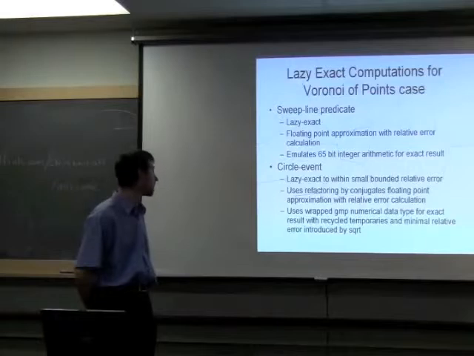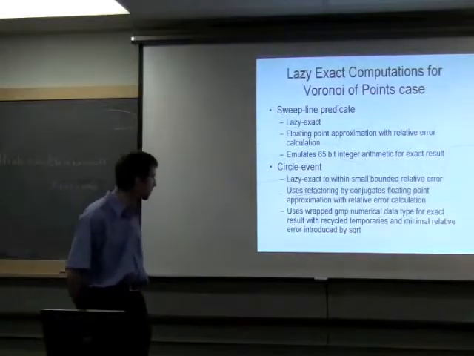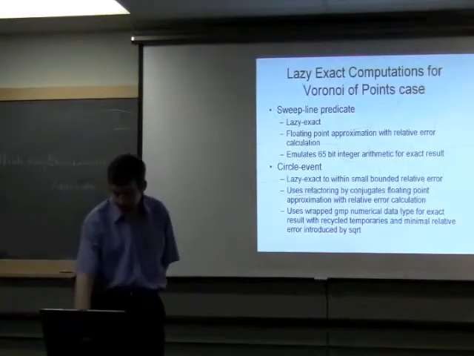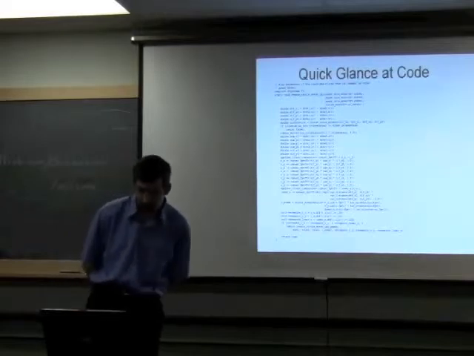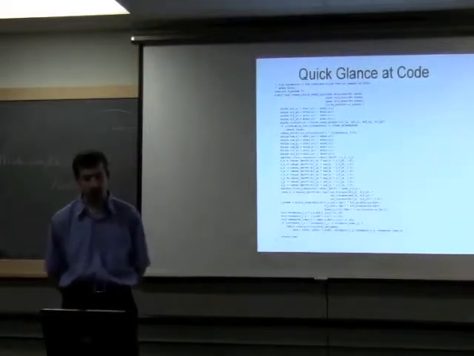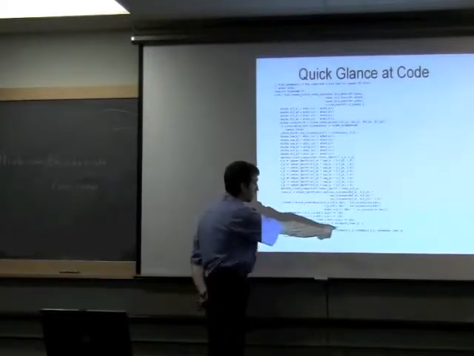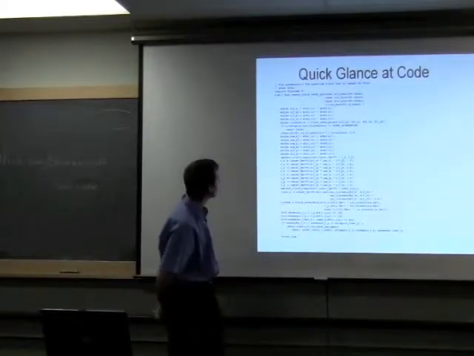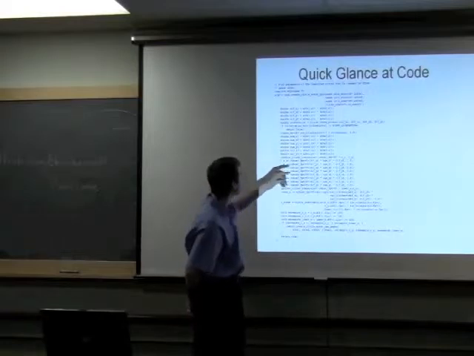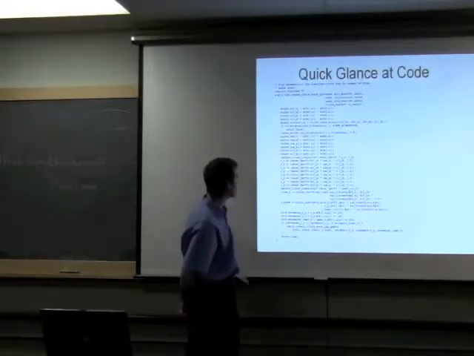And so we use the wrapped GMP numerical data type I showed before when implementing that. And here's what it looks like just for the approximation portion of the code, where here it is falling back on infinite precision, and he's using his robust floating point type, which is just accumulating error.